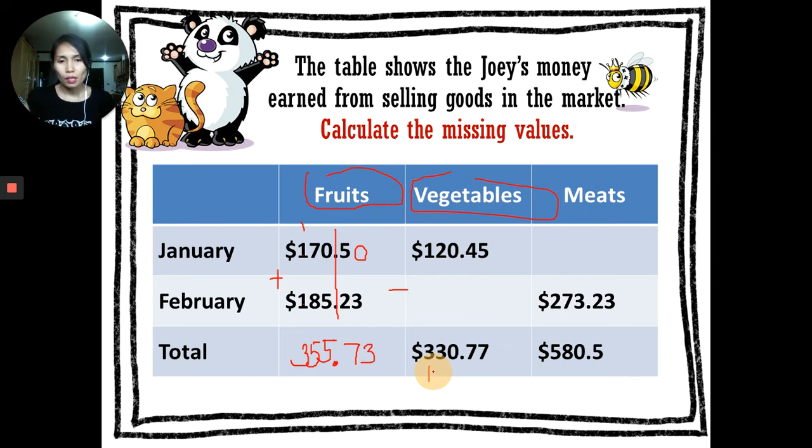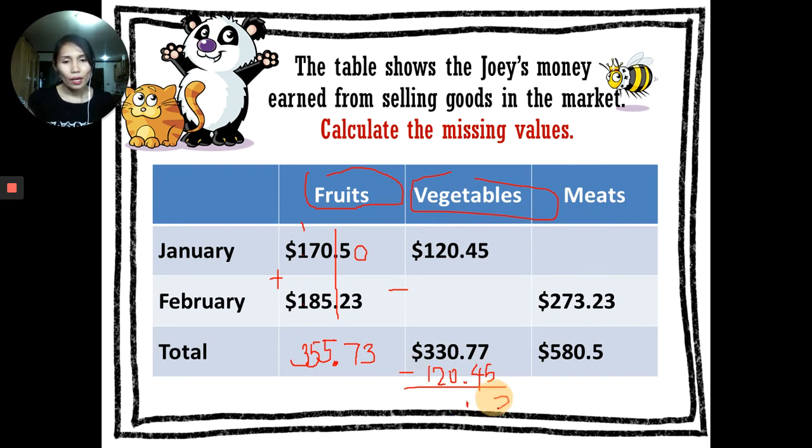So that should be the number above. So 120. Remember the decimal points should be lined up. Step 2, there is no empty slot here. So we will just proceed to step 3, bring down decimal points, and then step 4, minus.